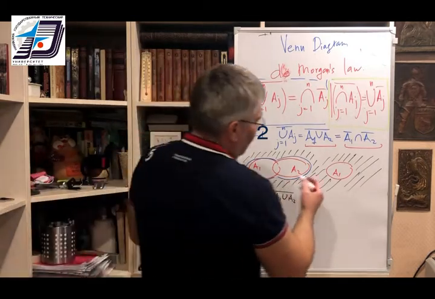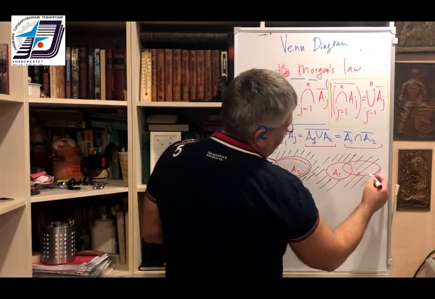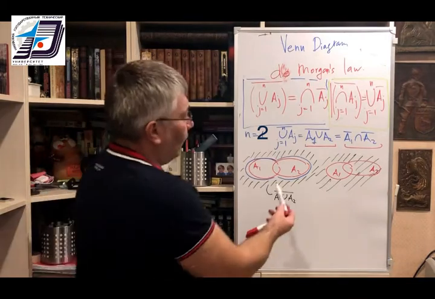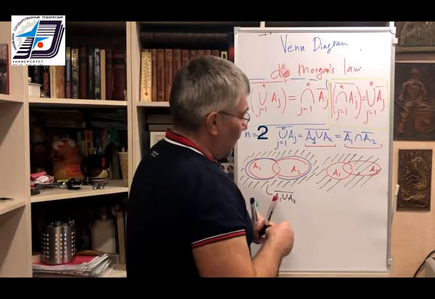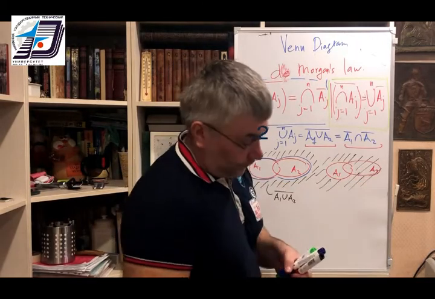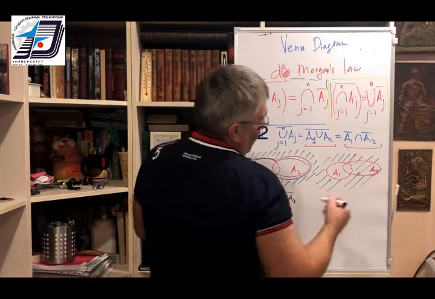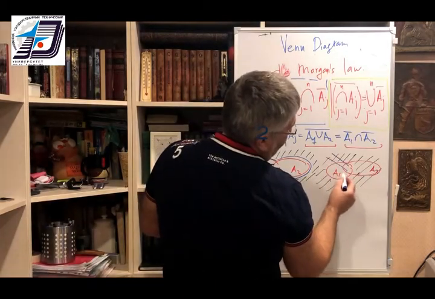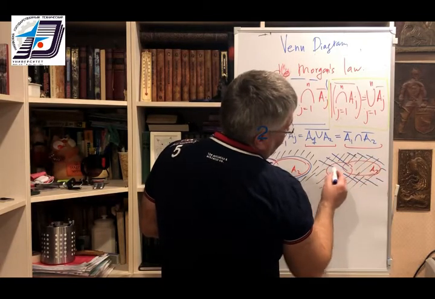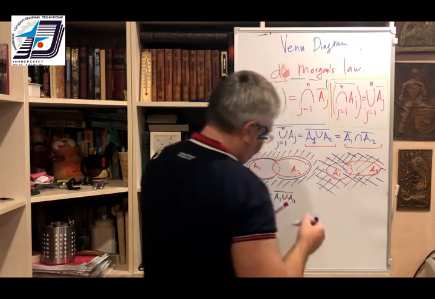A2 is still the same A2 as in the previous situation. This one is A2. And the negation of A2 is everything which is beyond the A2 space. Once again, I use blue ink here. Everything which is beyond A2 is this negation.